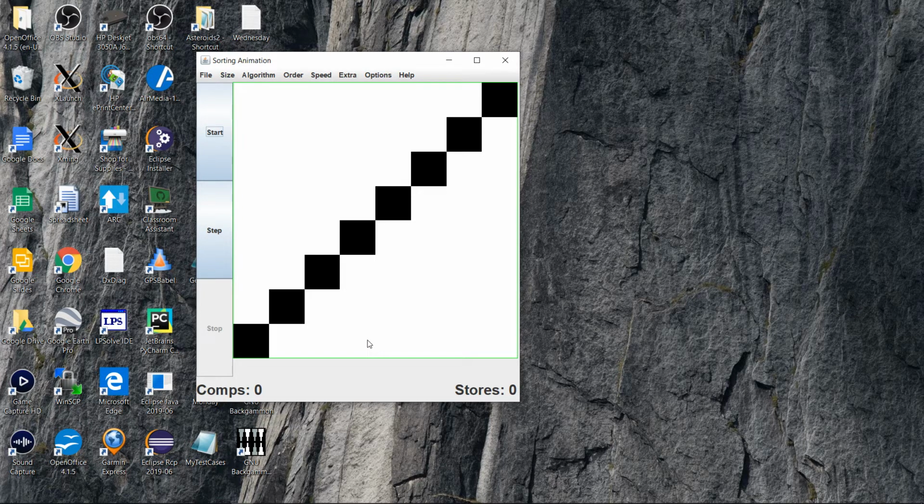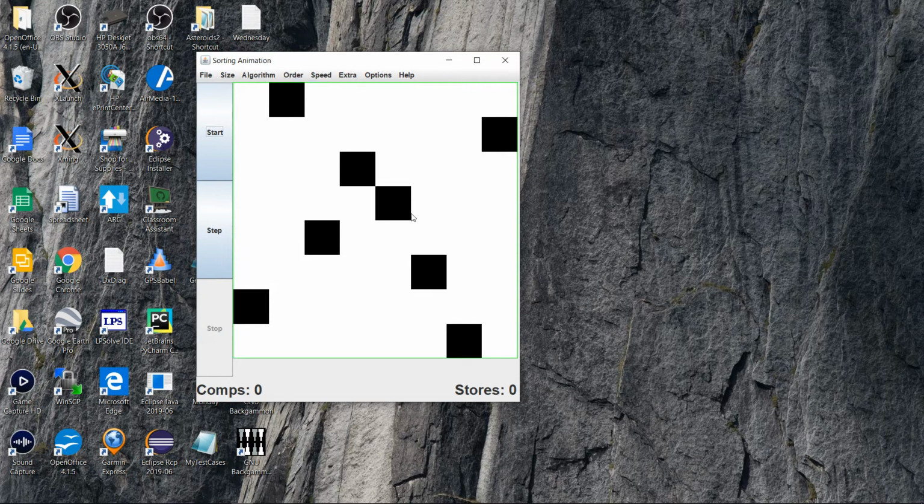The problem talks about 0 through n, which means there's n plus 1 numbers. This is 0 through 7, so there's exactly n numbers, but you can get the idea. So if we take the order and permute it, let's try to figure out how many comparisons insertion sort will have to do to sort this array. So what's the first comparison insertion sort does? Between the first and the second element. Right, it'll compare these two elements.